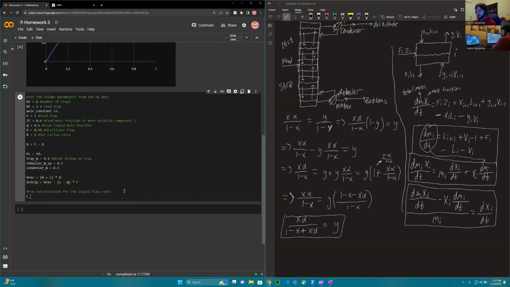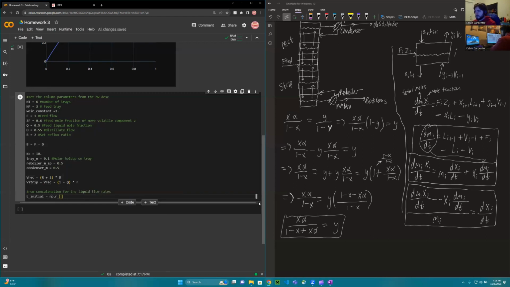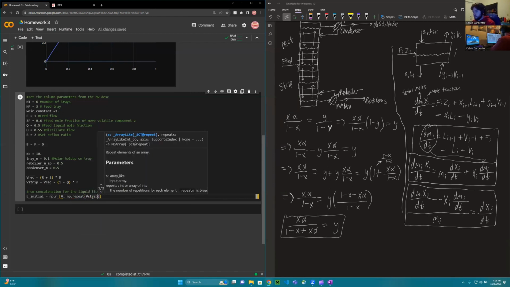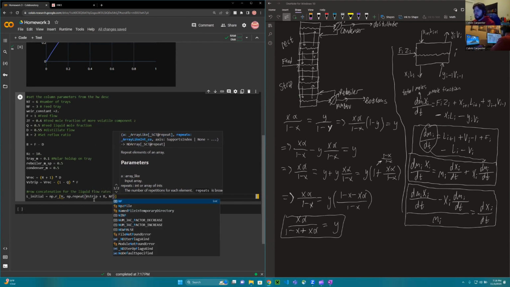L underscore initial is equal to NP dot R, I think that should be N, sorry, not M. Underscore, open bracket, NP dot repeat V, comma, NP dot repeat plus B and F. So that'll repeat this for the amount of times that is NF.